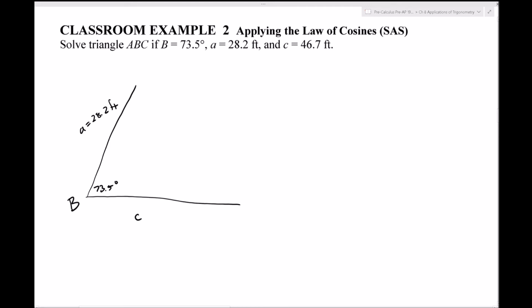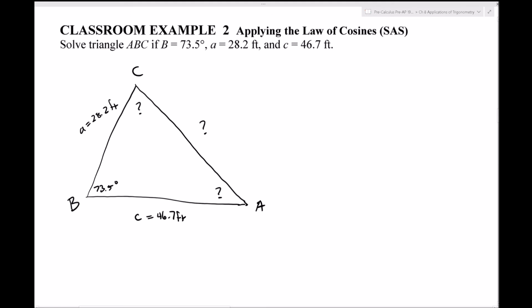Little c, sorry, 46.7 feet. I kind of don't care what type of triangle it is. We'll determine what that is in a little bit. This is A, and this is C. Okay, they want me to solve the triangle, and that means finding this side length, this angle, and this angle. I need all three of those.